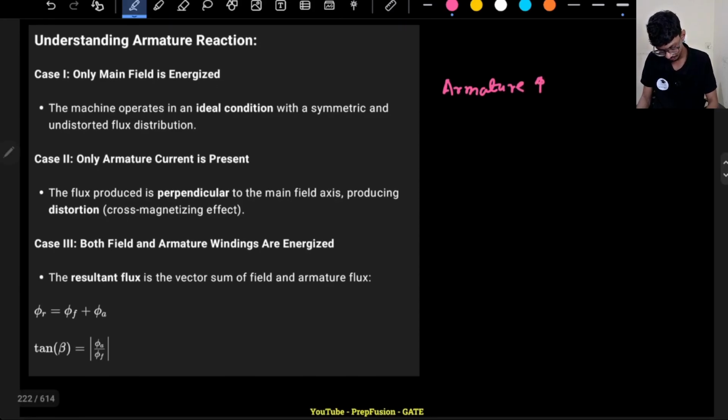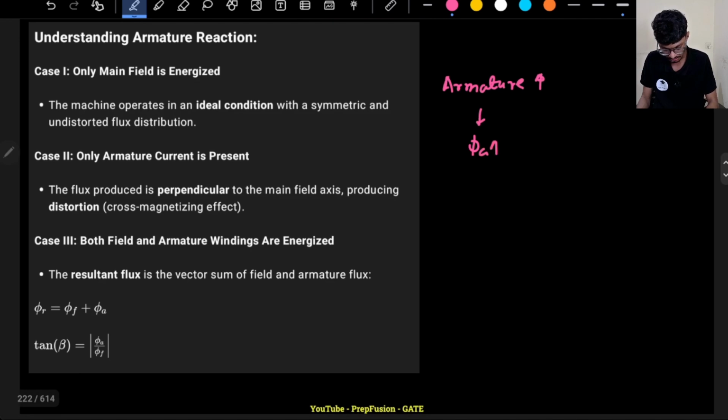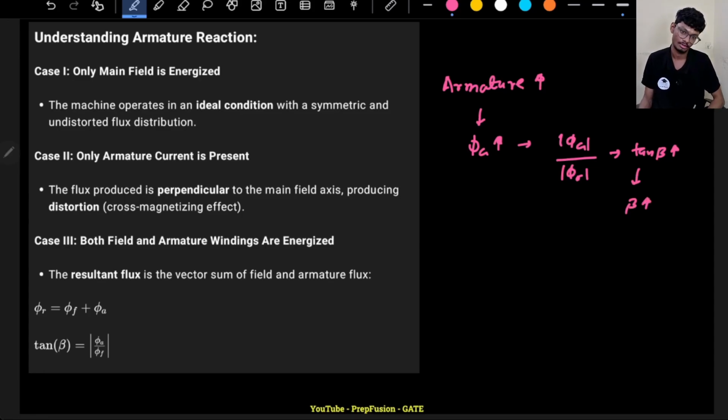The flux of the armature will increase, then the resultant will shift more towards phi a, so my beta will increase. So my tan beta will also increase, because tan beta is the ratio of magnitude of phi a by magnitude of phi r. So tan beta will increase, so beta will increase. So it is a detrimental effect, right?